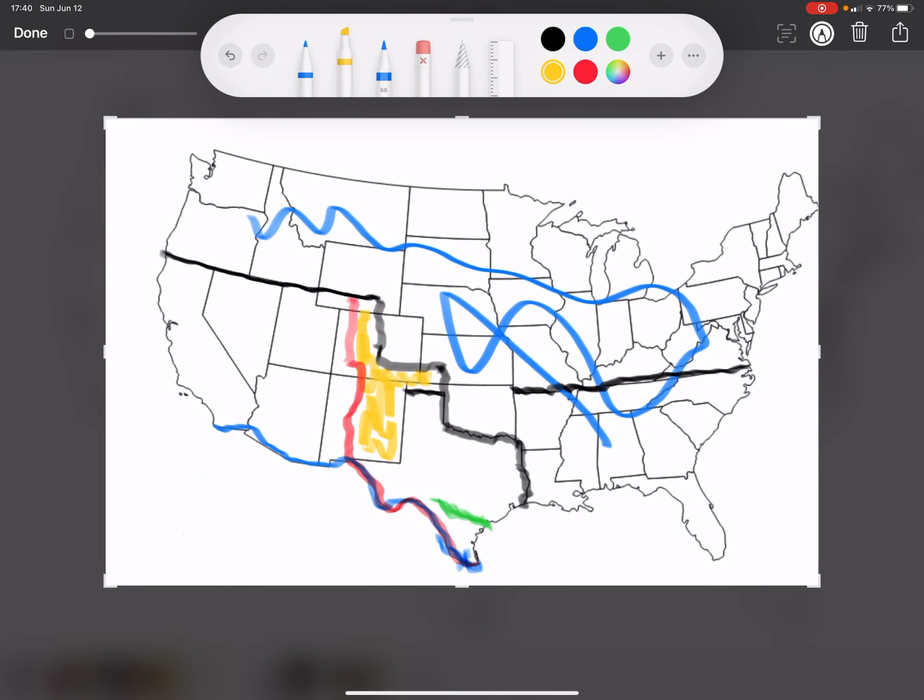The Compromise of 1850 set the border of Texas at 36°30′ to 103 degrees west, due south to 32 degrees north, then due west on the 32nd parallel until you got to the Rio Grande River. And that is how Texas got its current borders.